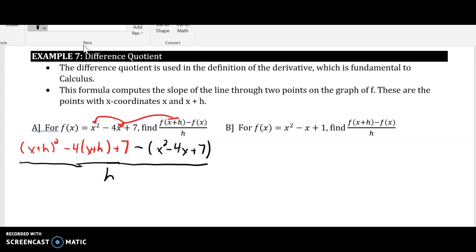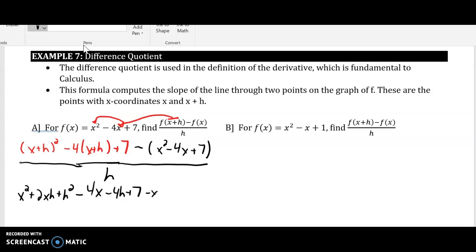All right, we got to square this stuff here. So we're going to have x squared plus 2xh plus h squared. You got to FOIL that. We practiced that earlier. Got to FOIL. Minus 4x minus 4h plus a 7.